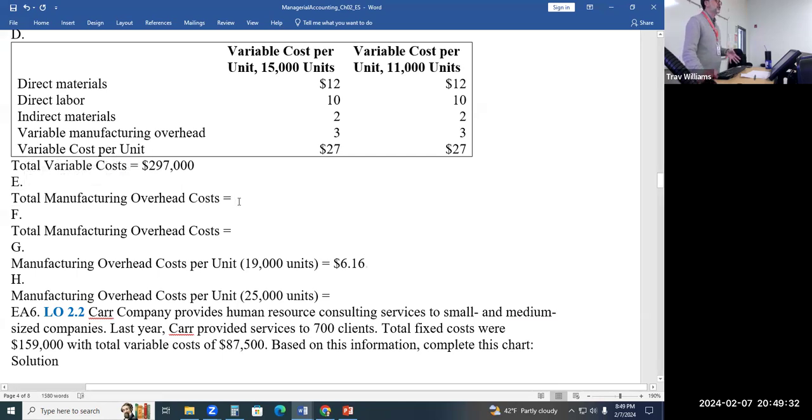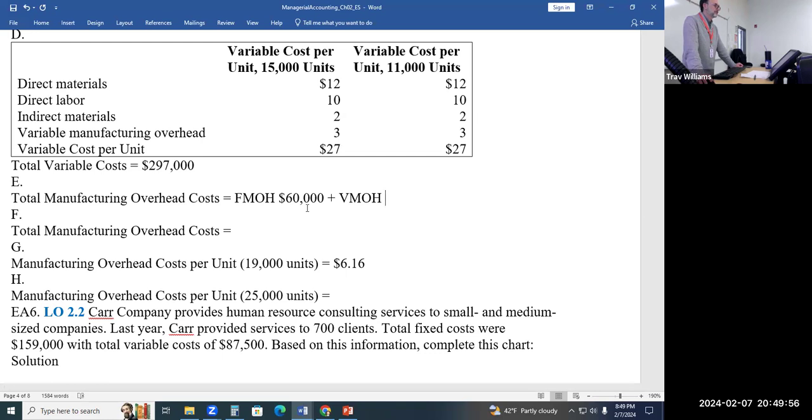Well, total manufacturing overhead cost is going to be our fixed costs, which we already know is 60,000, right? Fixed manufacturing overhead is 60,000, plus our variable manufacturing overhead. What would be the variable manufacturing overhead for 19,000 units?